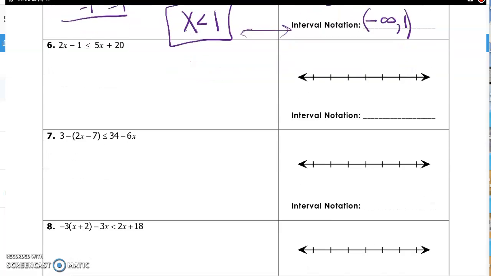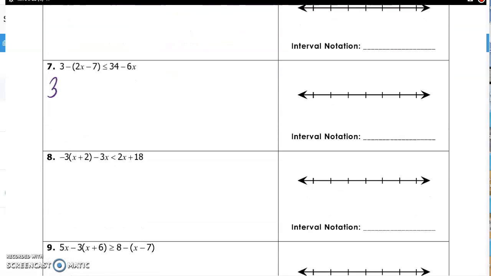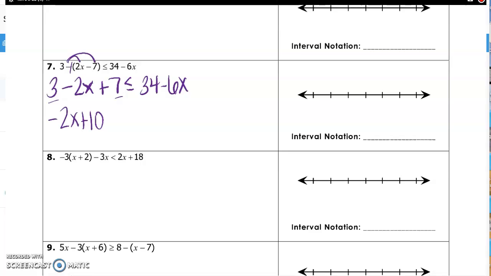Let's look at number 7. We do not distribute the 3. We bring the 3 down and we're distributing negative 1. So minus 2x and plus 7. Less than or equal to 34 minus 6x. Combine our like terms. We would have negative 2x plus 10 is less than or equal to 34 minus 6x.